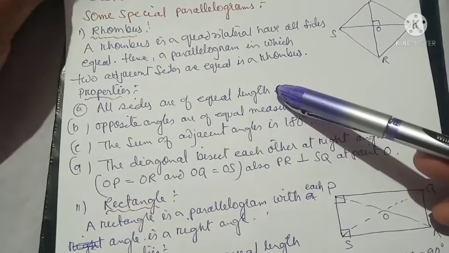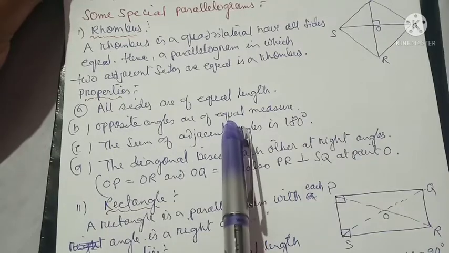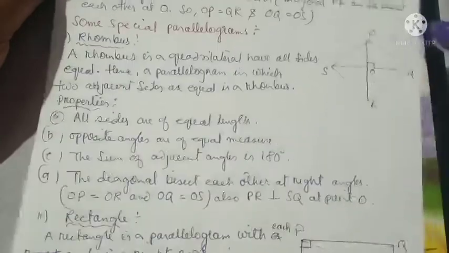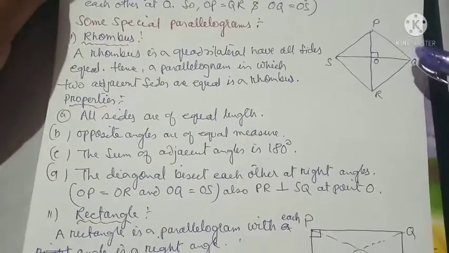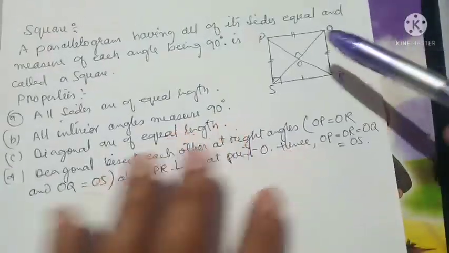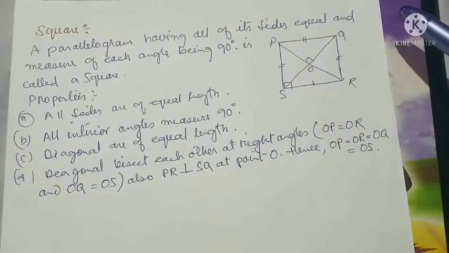Yes, these two are similar. Opposite angles are of equal measure in a rhombus, whereas in a square all angles are 90 degrees, that is right angles. So there is a difference there.